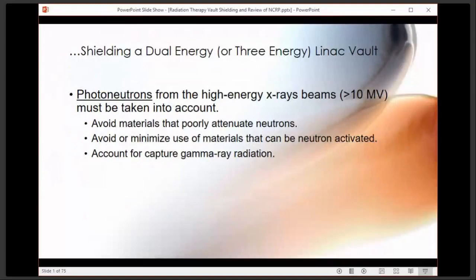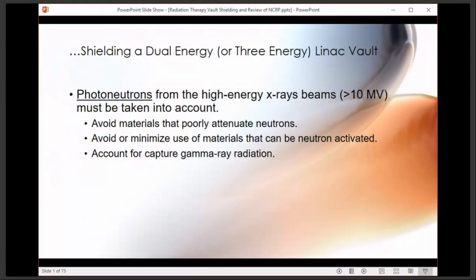And you have to be careful about your shielding materials because some materials don't shield neutrons very well, such as lead. You need to avoid or minimize materials that can be neutron activated. And you need to account for capture gamma radiation, which results when thermalized neutrons are absorbed, and particularly by hydrogen.